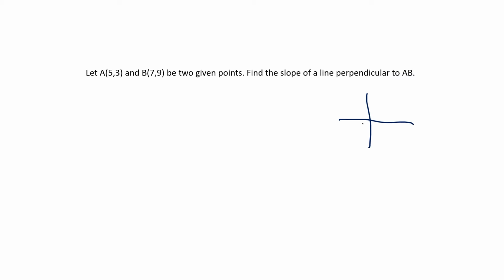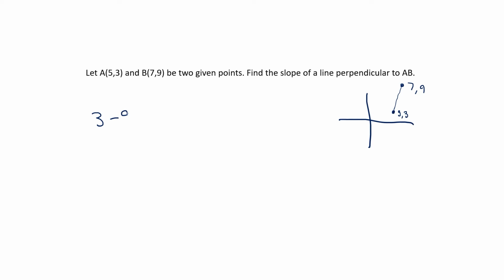Normally this would have some answer choices. So 5, 3, we're just eyeballing, and 7, 9. The only thing about this is you want to keep it all relative, I suppose. And label them as you go. 5, 3, 7, 9. Now we're going to find this slope, and it doesn't matter which ones we choose first. So I'm going to go with y and y, this being y1.